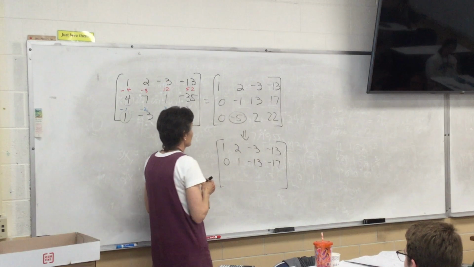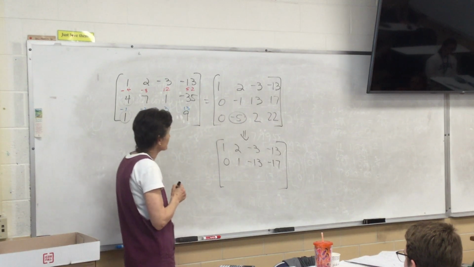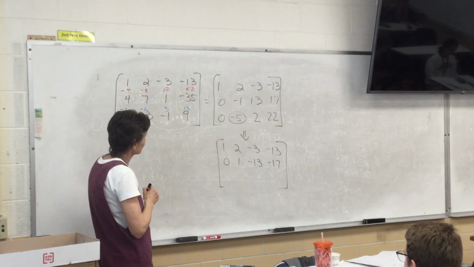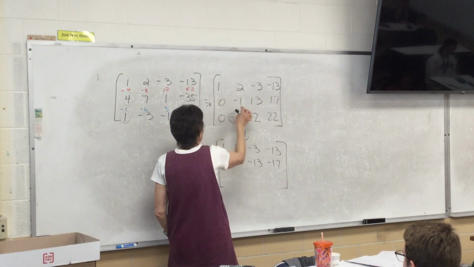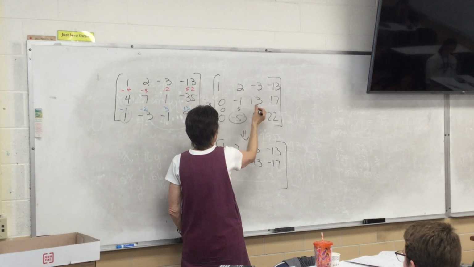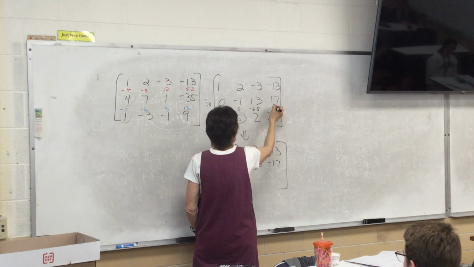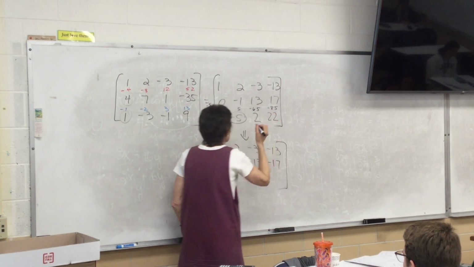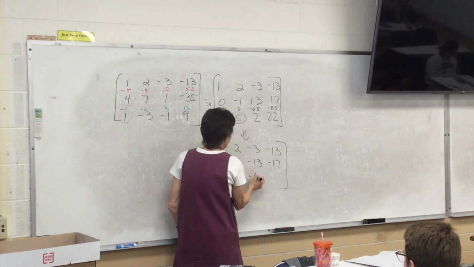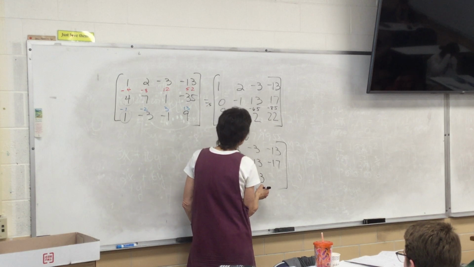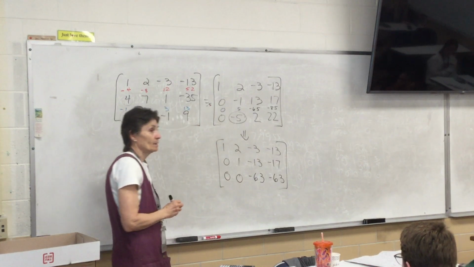And I'm going to go ahead and multiply row 3 by negative 1, because that's supposed to be a positive 1, not a negative 1. So now I'm going to multiply this by negative 5, and that will take care of this for me. 0, 0, negative 63, and life doesn't get any better than that, right?